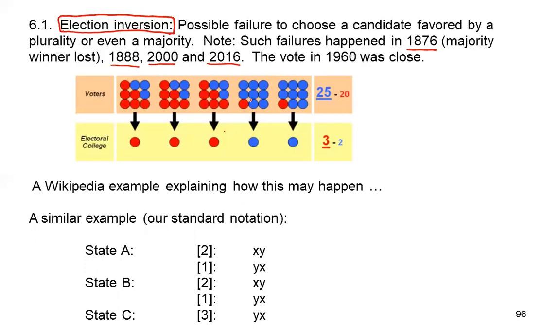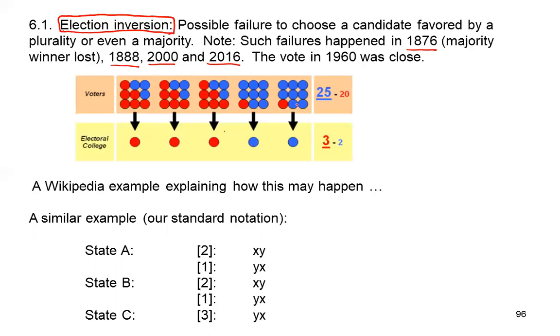How can it happen? Well, this is an example from Wikipedia that explains how this could happen. Unfortunately, if you see this in black and white, then those 2 colors, red and blue, will look the same. But let's assume that you are seeing those colors.